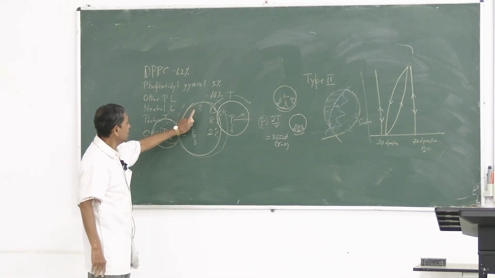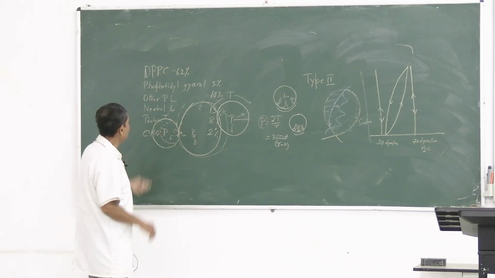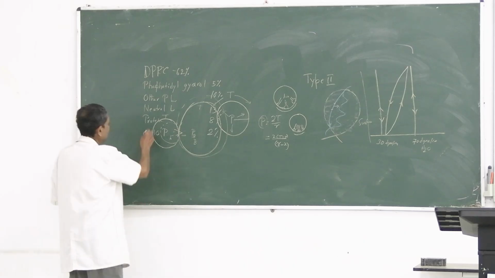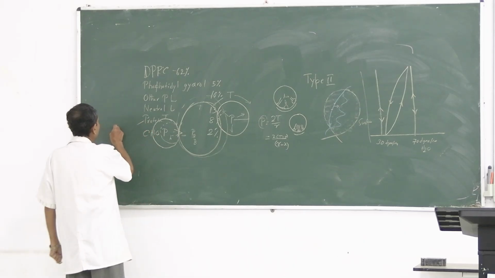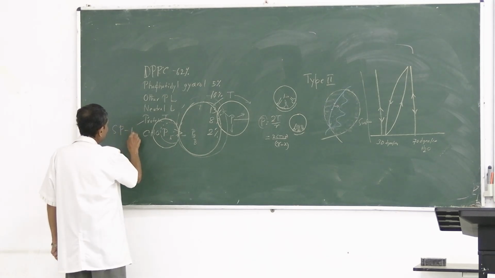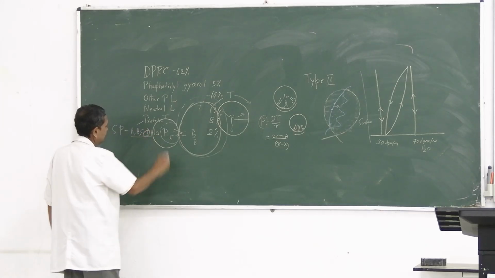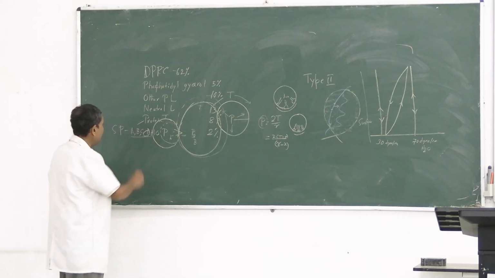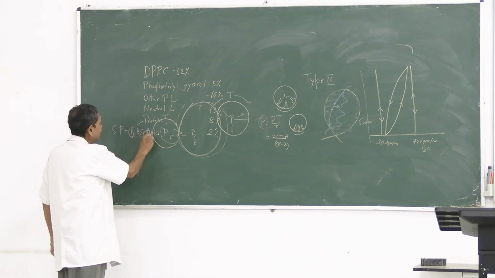And in the surfactant there are these proteins, of 4 types: surfactant protein A, B, C and D. A and D are glycoproteins.